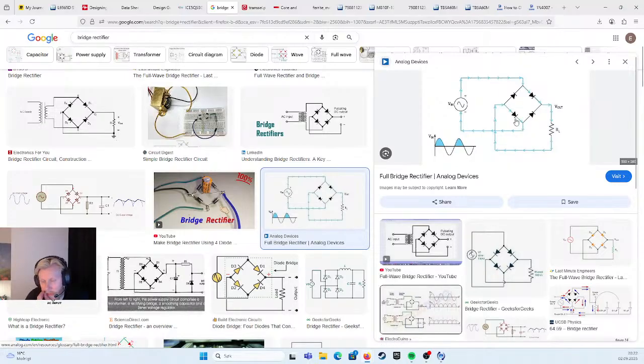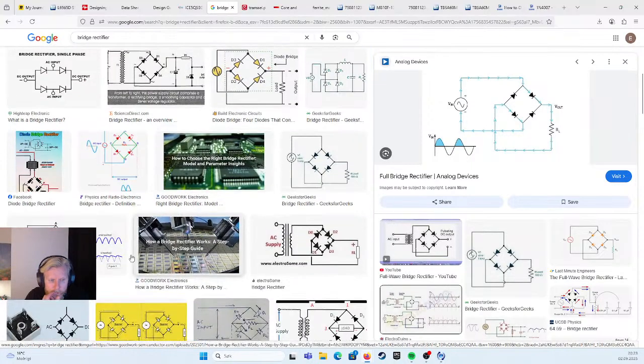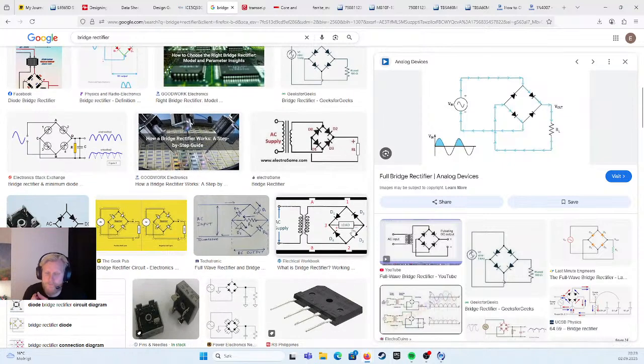No. What am I saying? It will still flow in the opposite direction. This way, across the load, back here, through this diode, and then back into the source. I need to do more research, learning more about that topic.